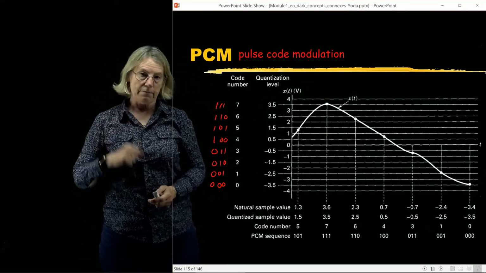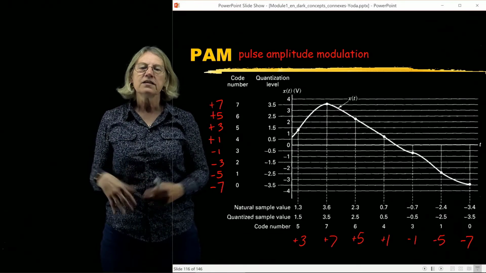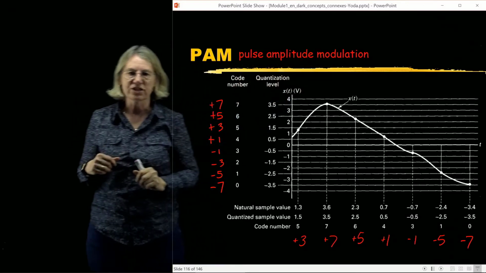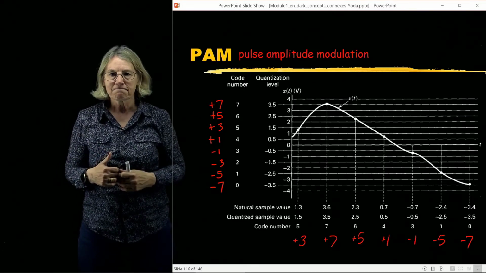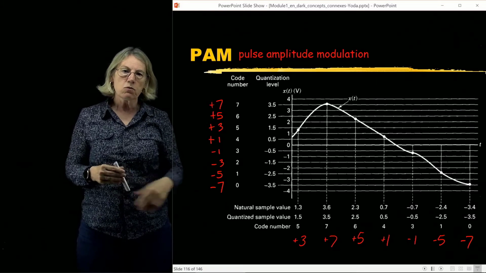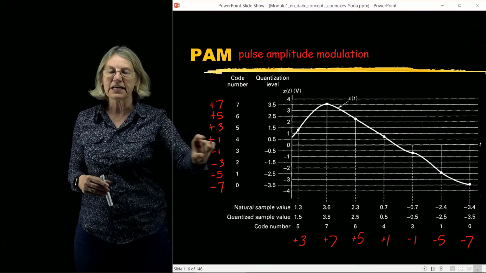Now, that's one option. There's another option I could use, and that is to think of pulse amplitude modulation. And that is to just assign different amplitudes to each one of the quantizations. And so, for instance, I might do plus and minus 1, might be something interesting.